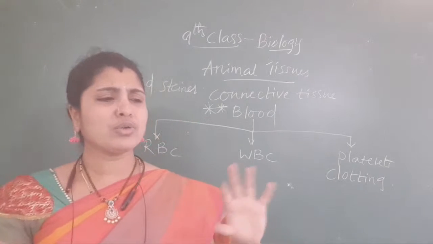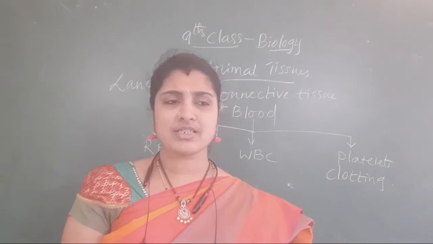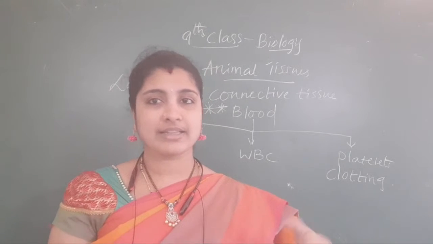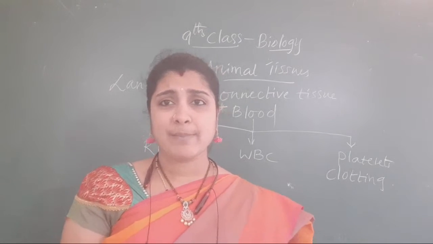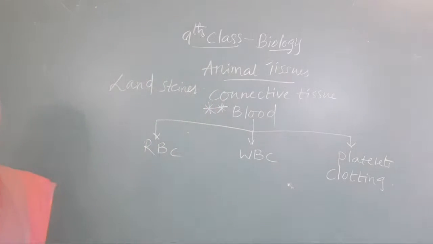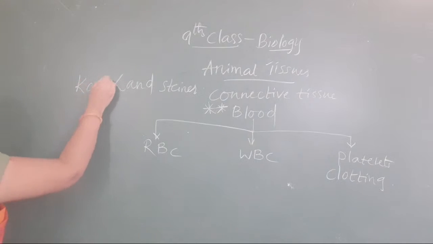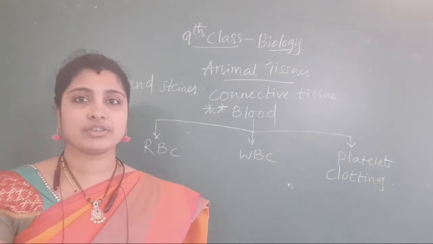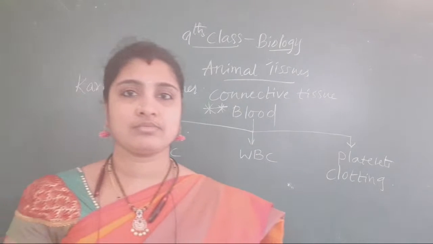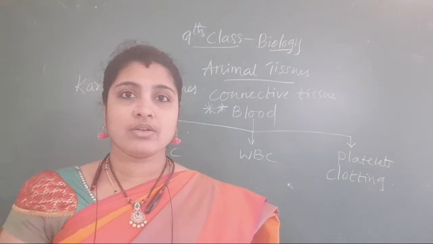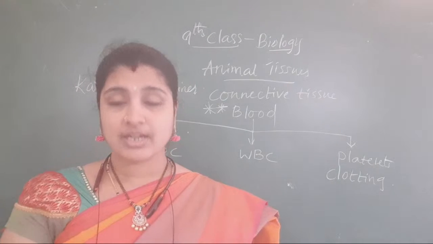So, to whom do we call blood relations, students? Blood relation means father, mother, aunt, uncle, cousins, our sister, brother. But here, Karl Landsteiner, his name is Karl Landsteiner, K-A-R-L.